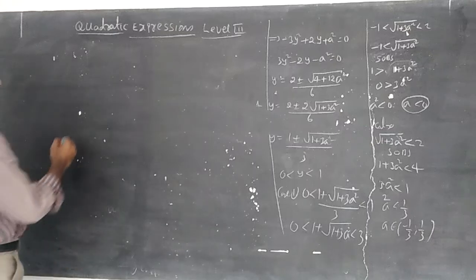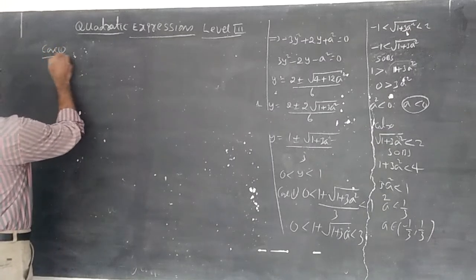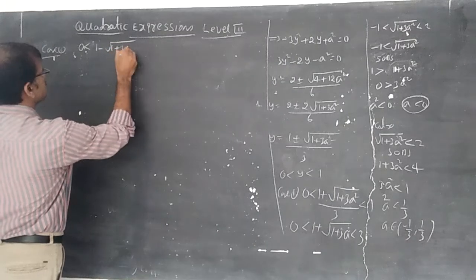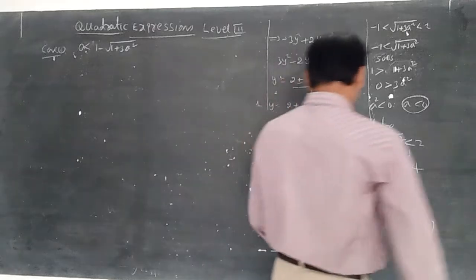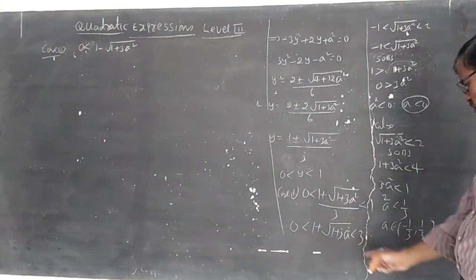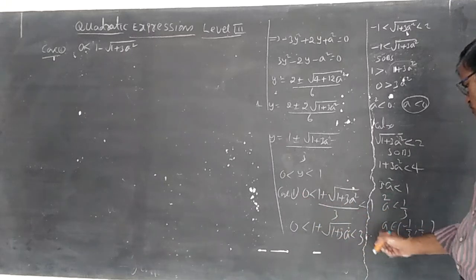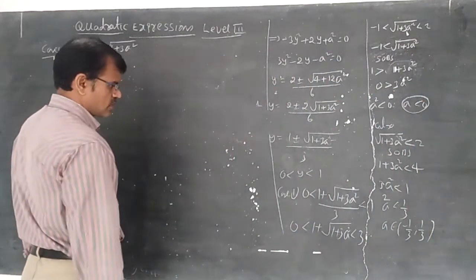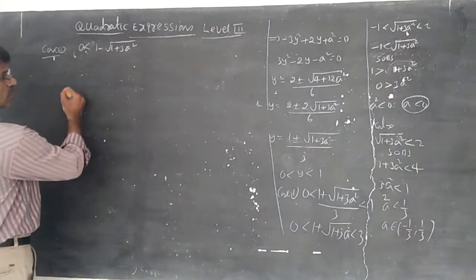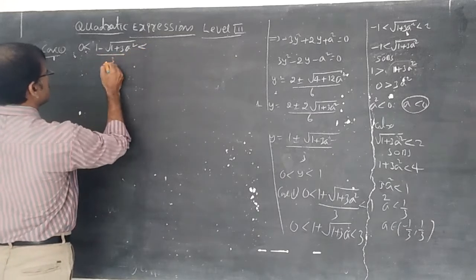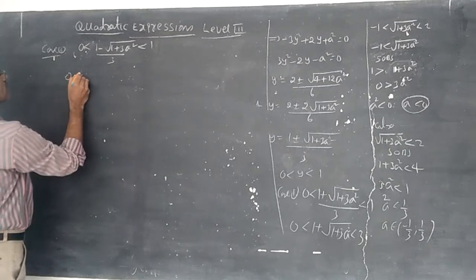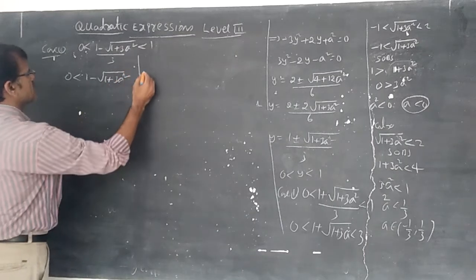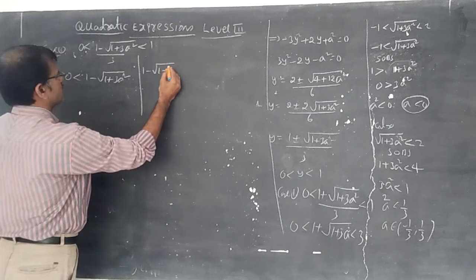If we take the negative case, 0 less than 1 minus root of 1 plus 3a square, whole by 3, less than 1. Subtracting 1 is correct. Next, 0 less than 1 minus root of 1 plus 3a square, this is a case.